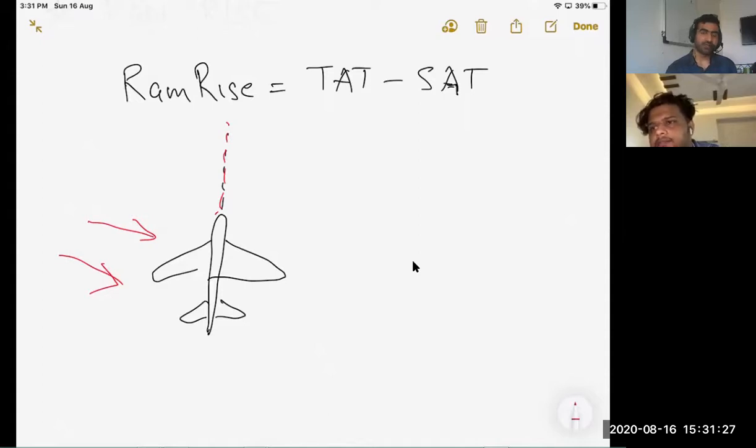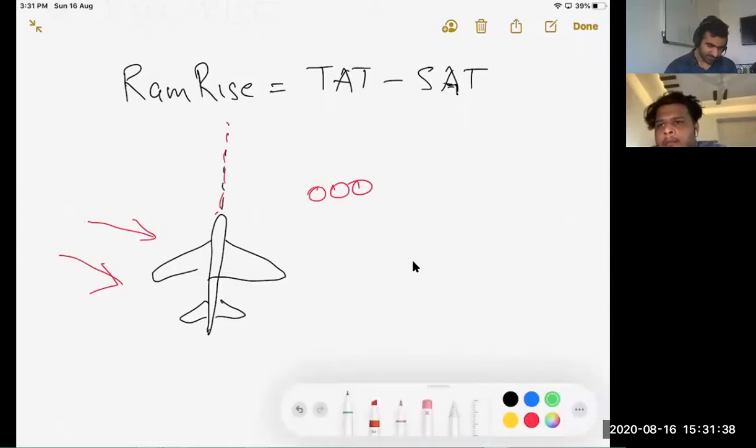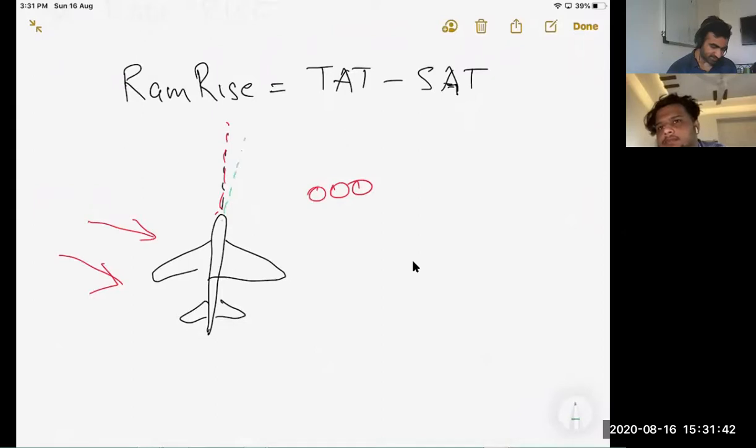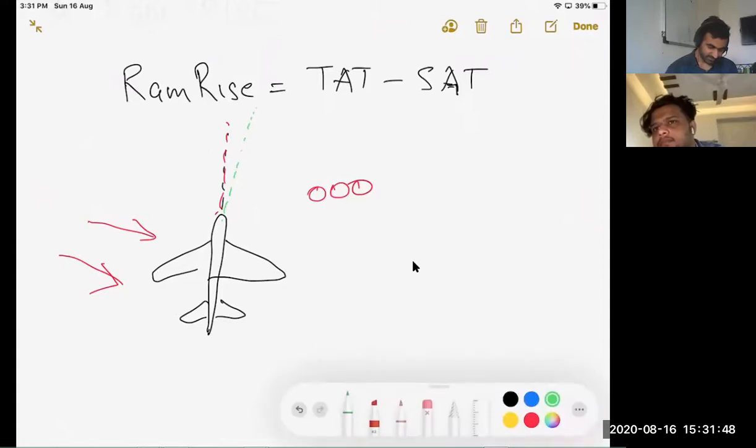Now the pilot can control the heading of the airplane, so he tries to maintain the same heading, 000. But because of the wind component, there is a new track which the aircraft takes, which is this.